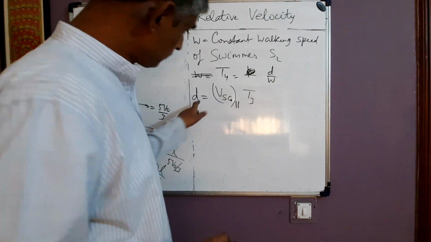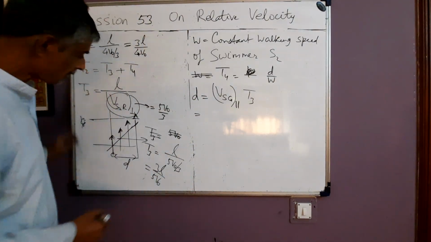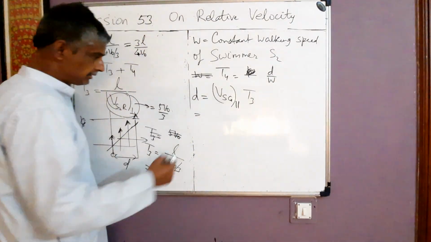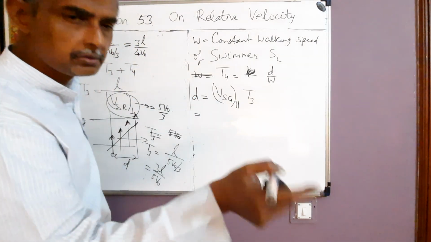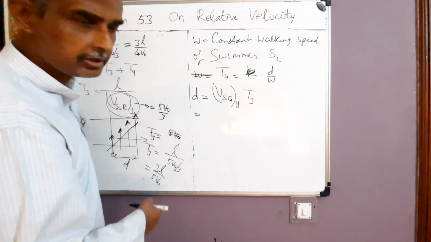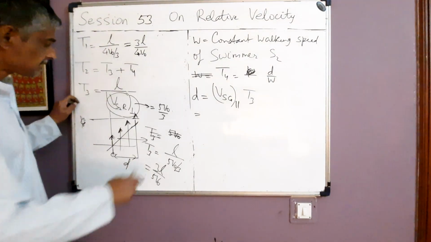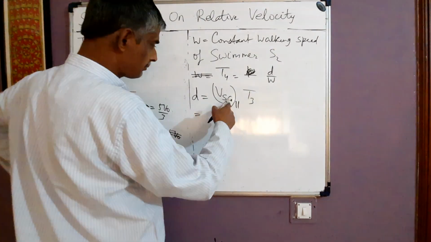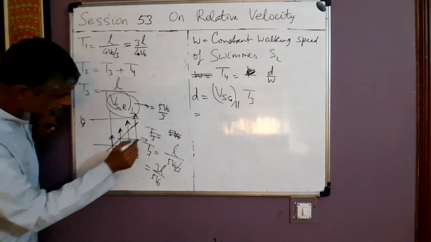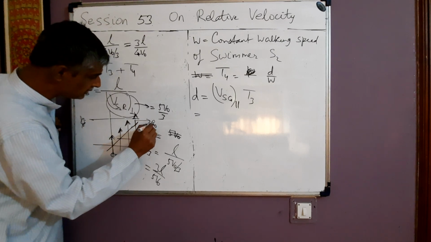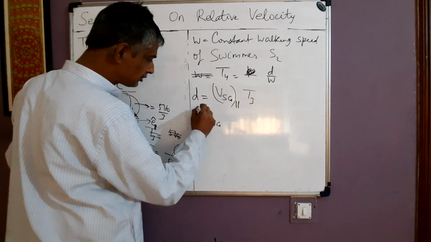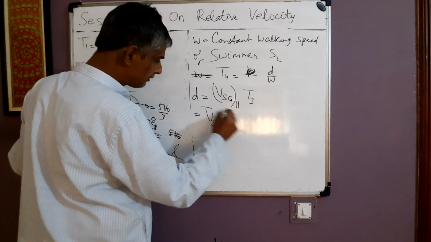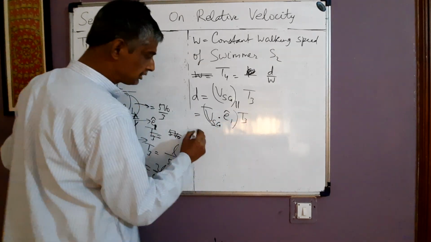This is also discussed in the 47th and 48th videos. Now VSG parallel can be written this way: suppose the unit vector along the direction of river flow is e1 hat. By the component of a vector, this can be written as VSG dot e1 hat into T3.